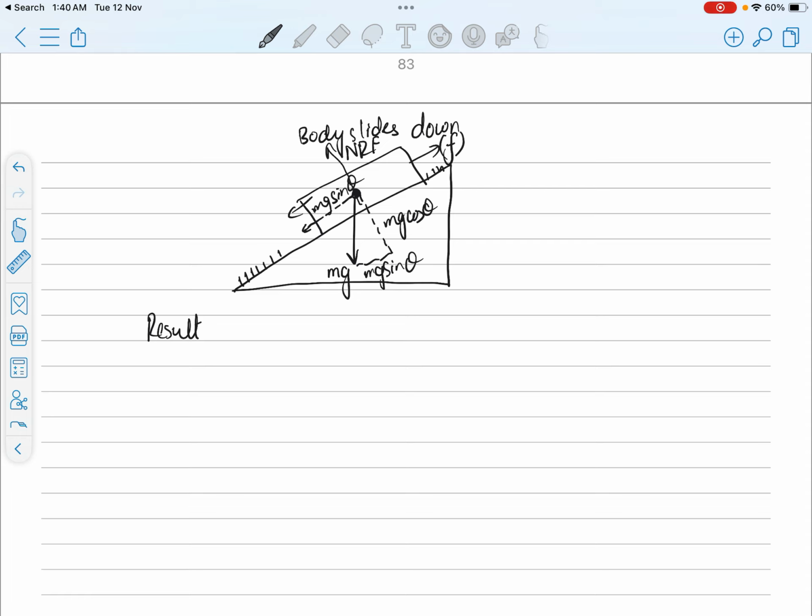So the resultant force in this case is still going to be ma, but the resultant force is going to be the forward force minus the backward force.